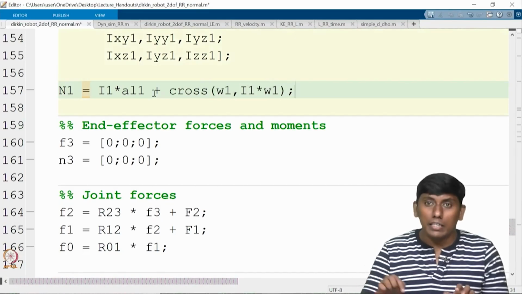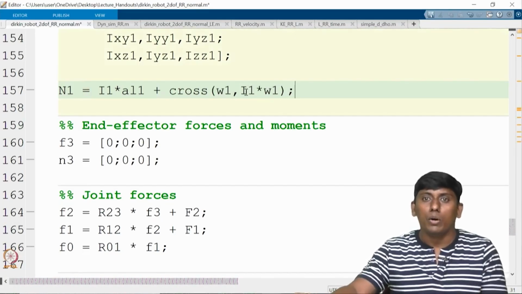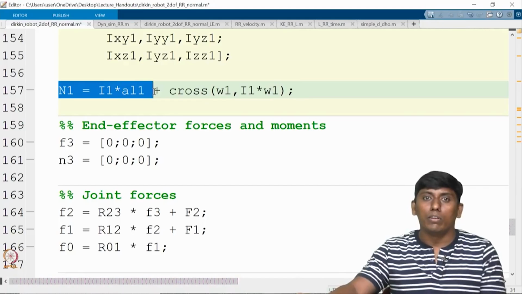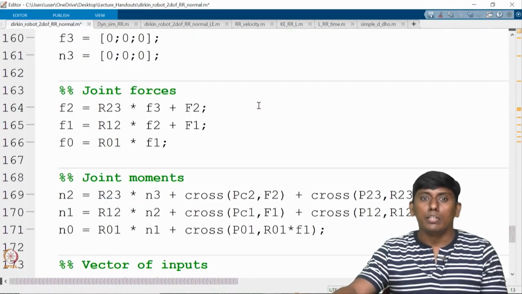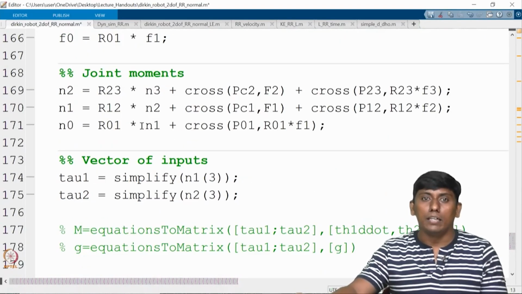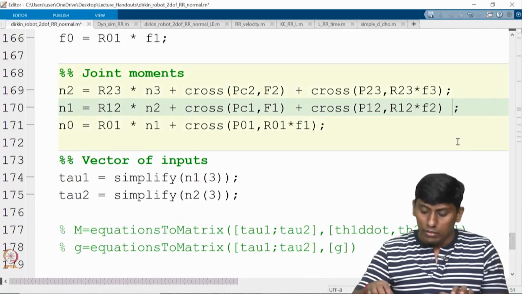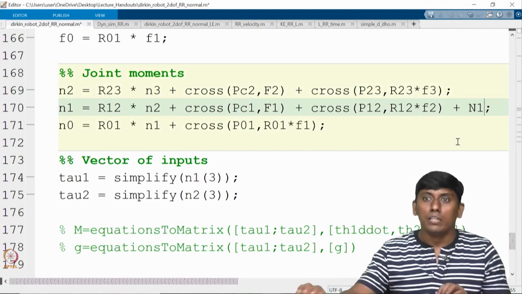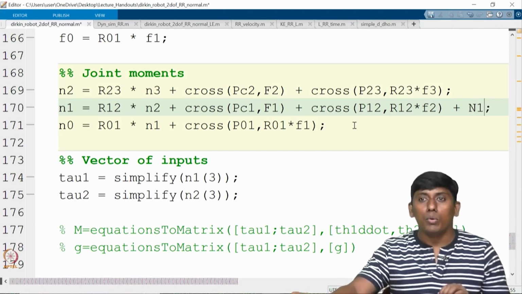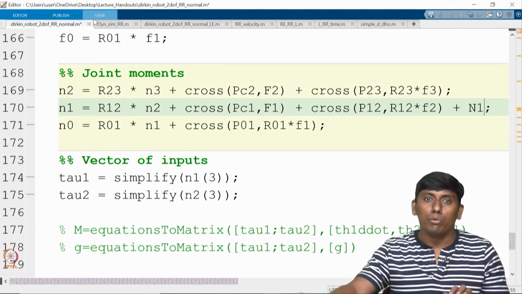But anyhow, in this case, this will not give any term, but it will make sense. So in this case, it would just be added to N1. So if I add this, you can see that all the inertial terms would be coming.